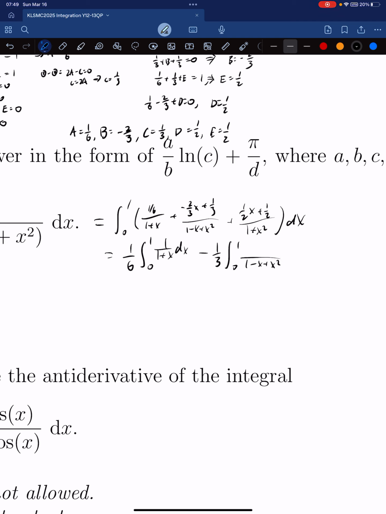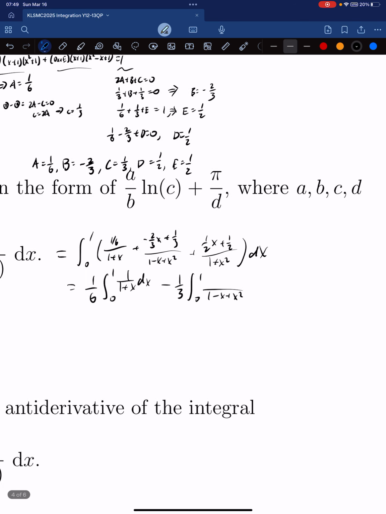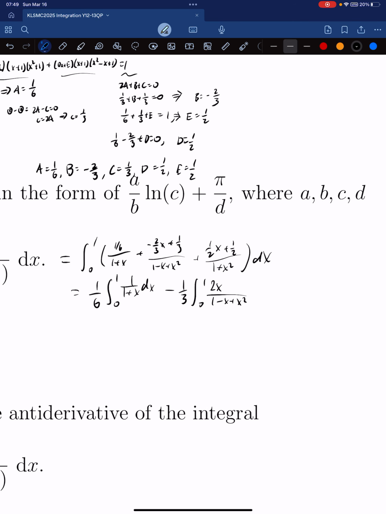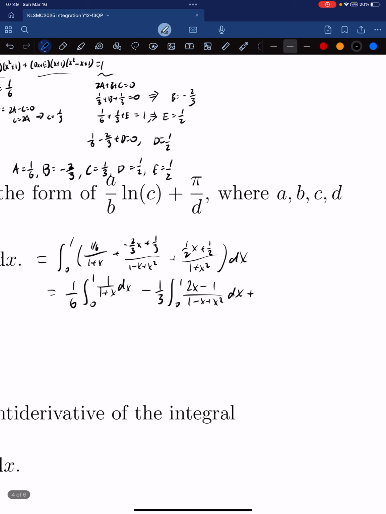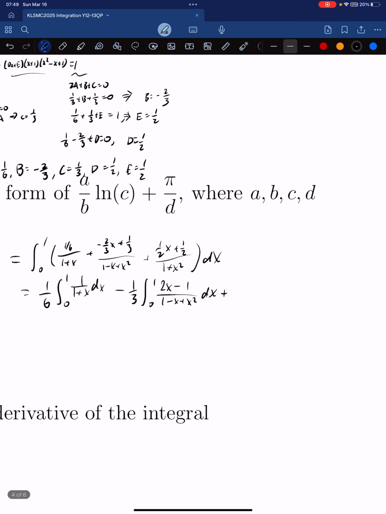And you know why I factor this in front: it basically makes our integration easier to do. So it will be 2x minus 1, plus 1 over 4.